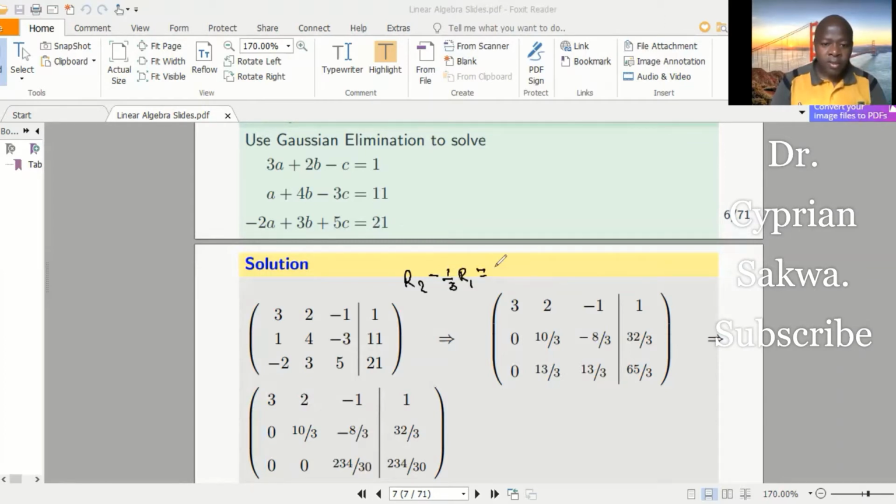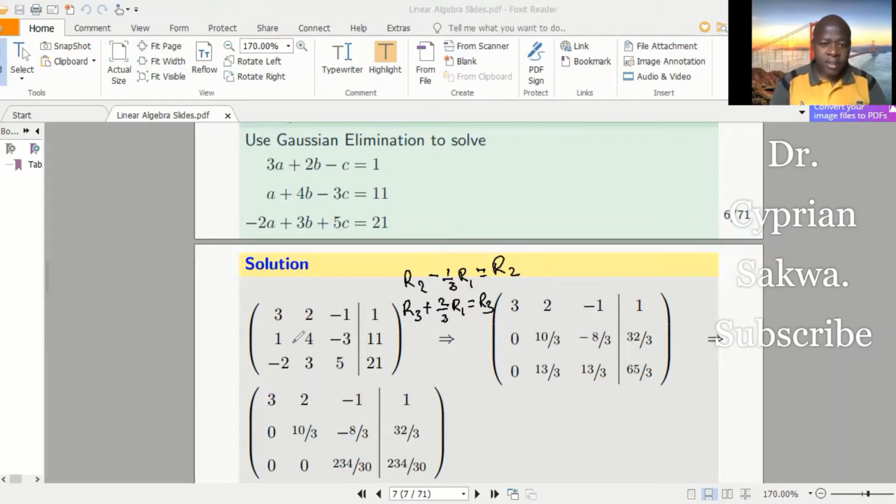So this will give me the new row 2. Then I also need a 0 in this position, so I'll take row 3 plus 2 over 3 of row 1. So this will give me the new row 3.